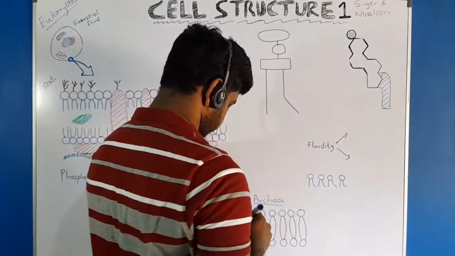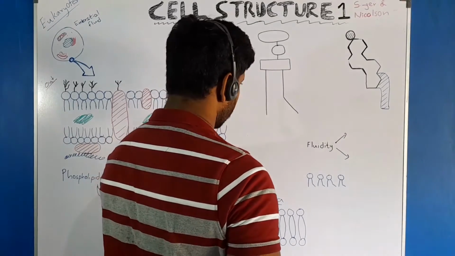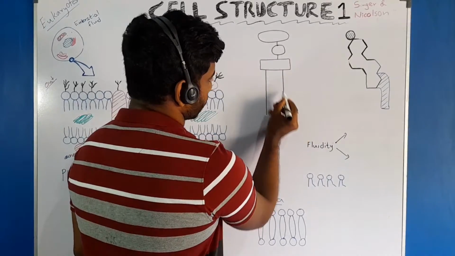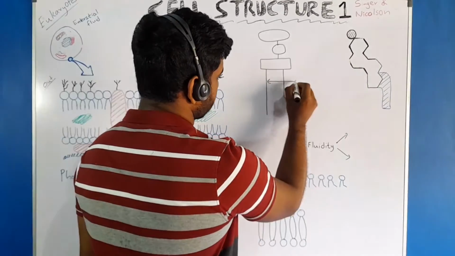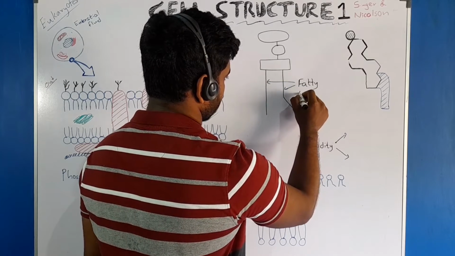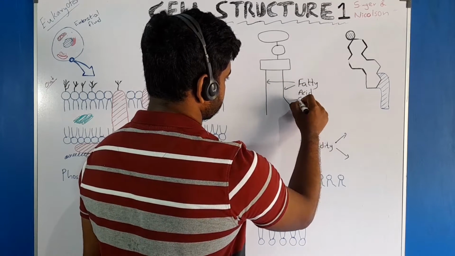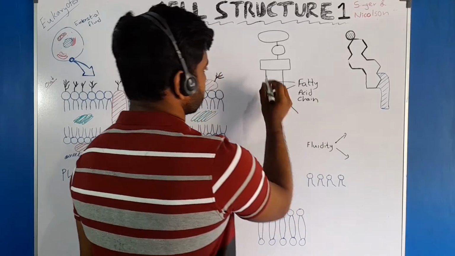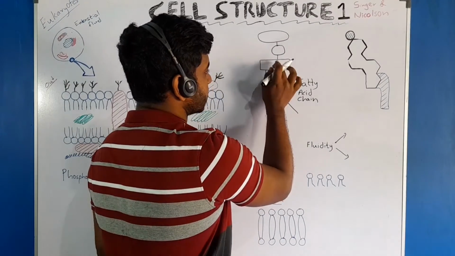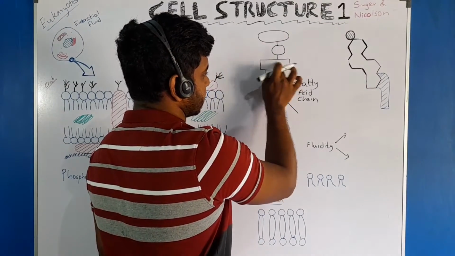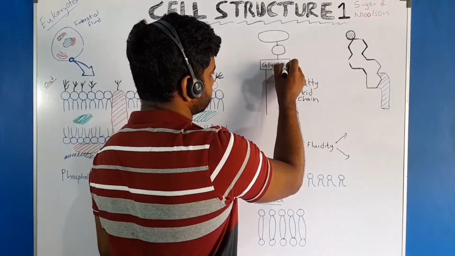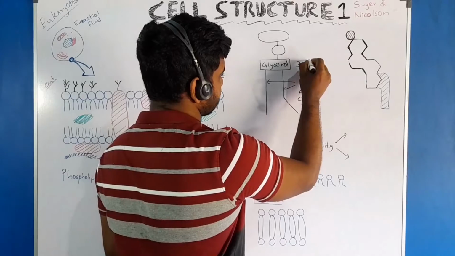The string-like two tails are fatty acid chains. Those two fatty acid chains are attached to this molecule. This part is a glycerol molecule. Glycerol is a 3-carbon molecule.